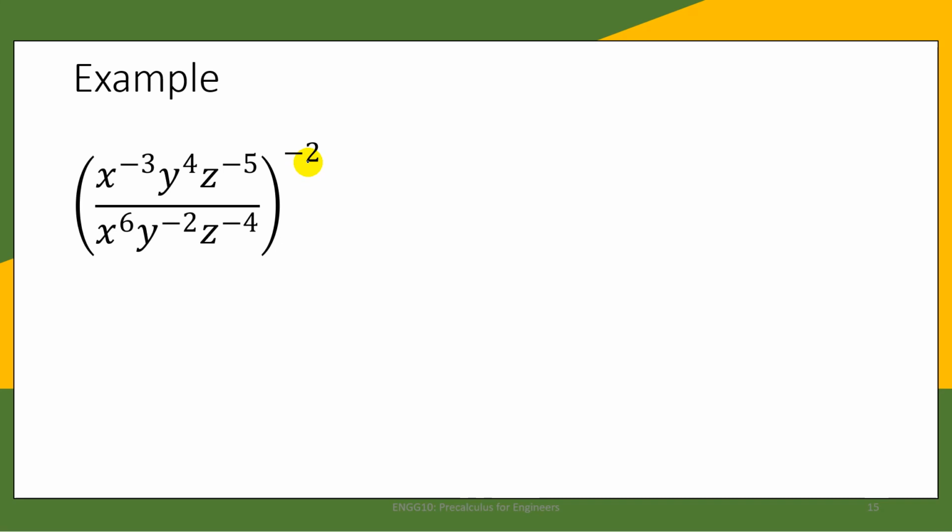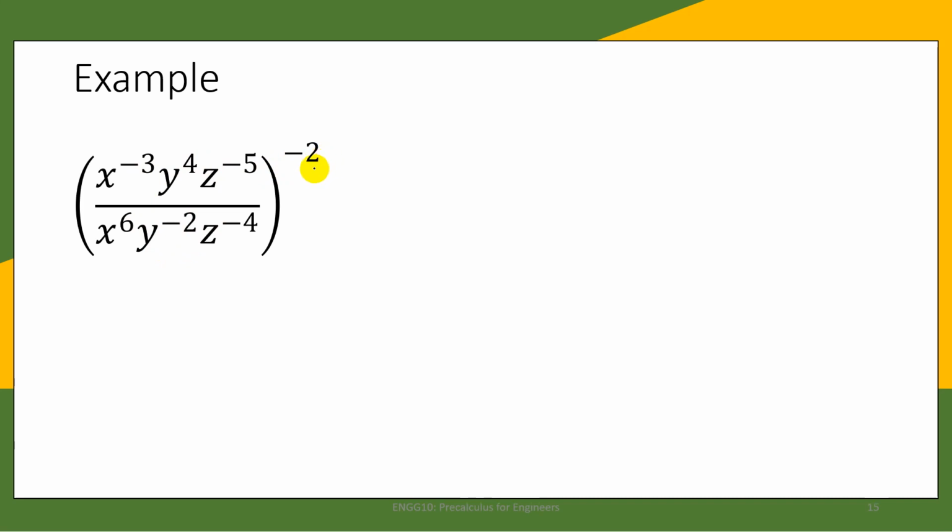We can solve this one by simplifying what is inside the parentheses first, and then whatever is the simplified form in the parentheses, we raise to negative 2.